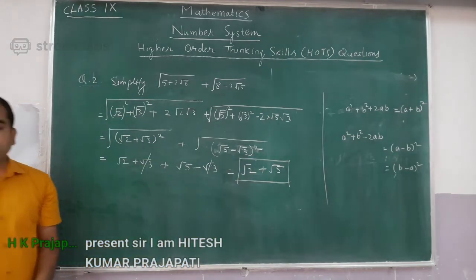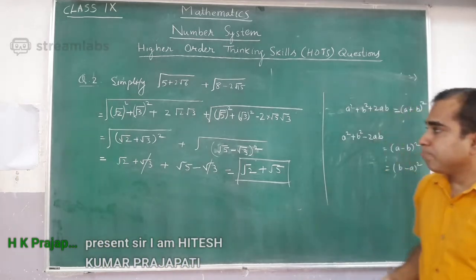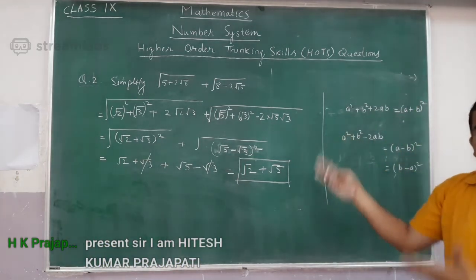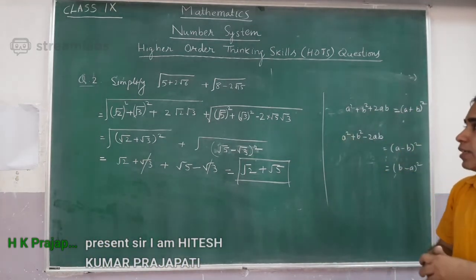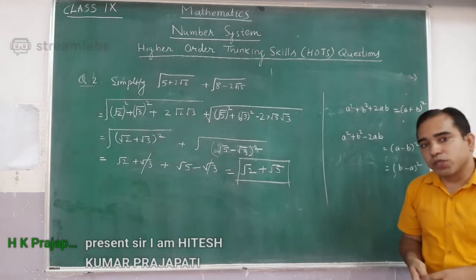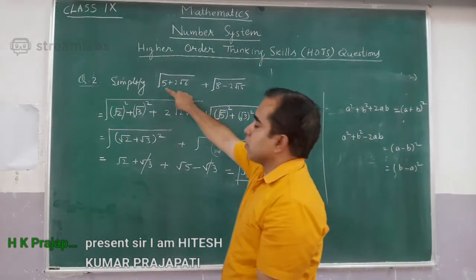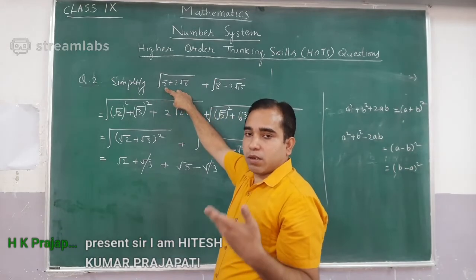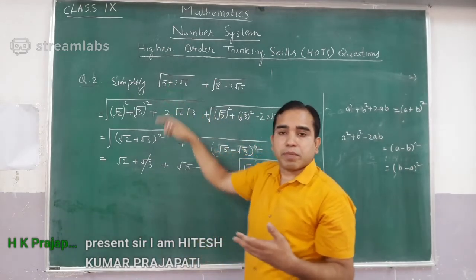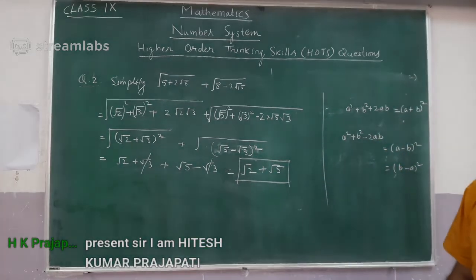So if you analyze the whole thing, overall what we have done in this question is the same work as in the previous question: writing the irrational number as a whole square of something.